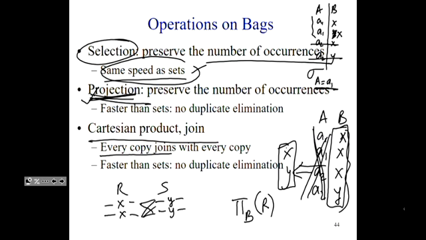So you'll have 4 tuples that arise as a result of the Cartesian product, or the cross product. You preserve the copies, and every copy is cross-producted with every other copy. This is going to be faster than sets because once again there is no duplicate elimination.